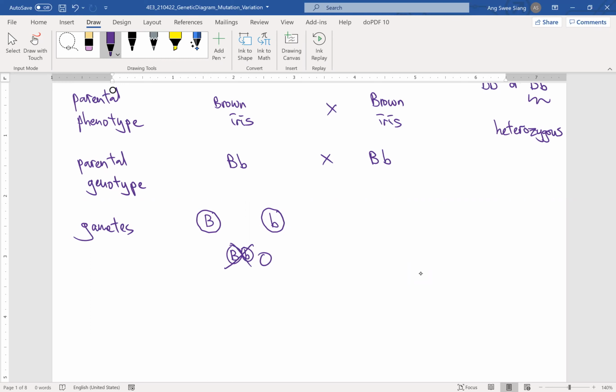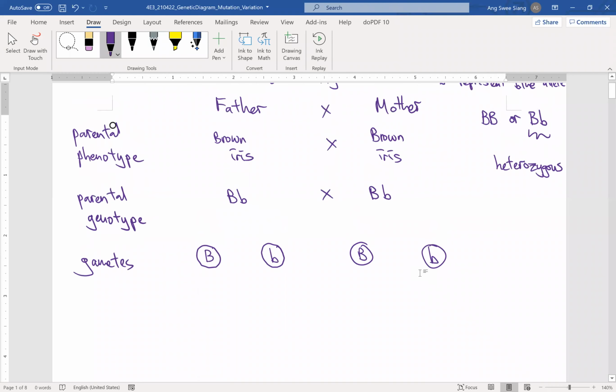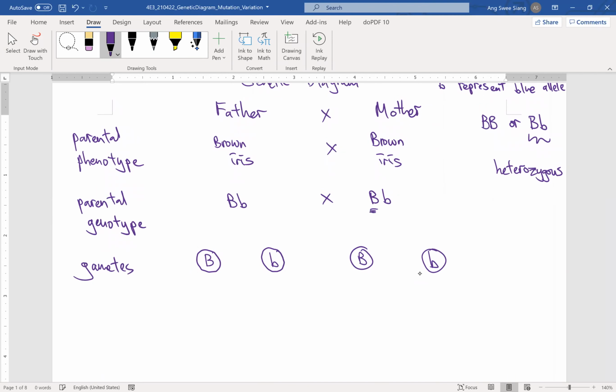So when we represent a gamete, we must draw a circle around the allele, and there must be a space between them. For mother, also the same. Some of the eggs will be the dominant allele, and some of the ovum will be the recessive allele, because the mother contains a dominant allele and a recessive allele.